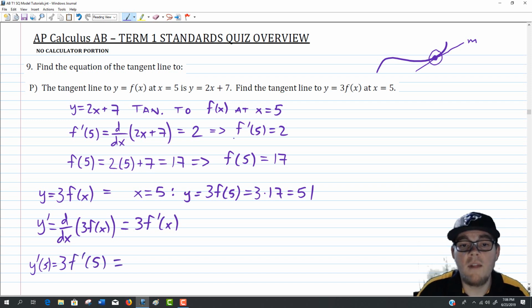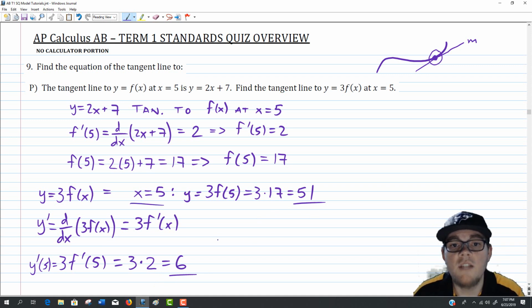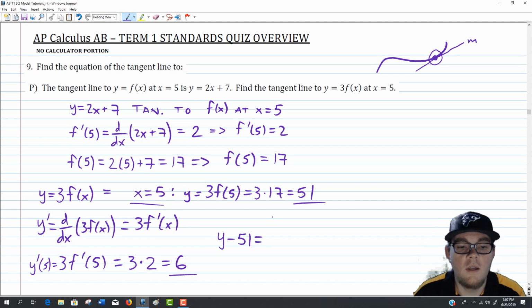And since we found earlier that f prime of 5 is 2, we'll know that the slope of 3f of x is 3 times 2, which is 6. So we've now found our y value, our slope. We also obviously knew what our x value was, which means we can write our tangent line that we were interested in here. y minus 51 equals 6 times (x minus 5).